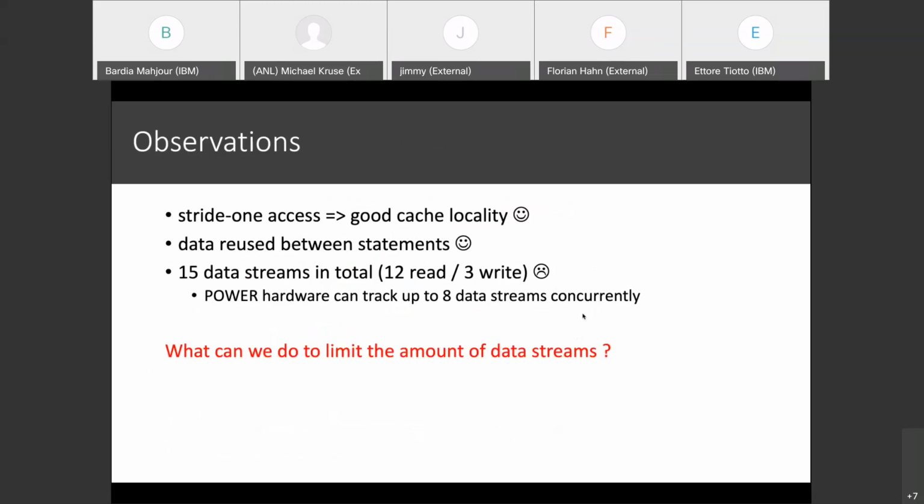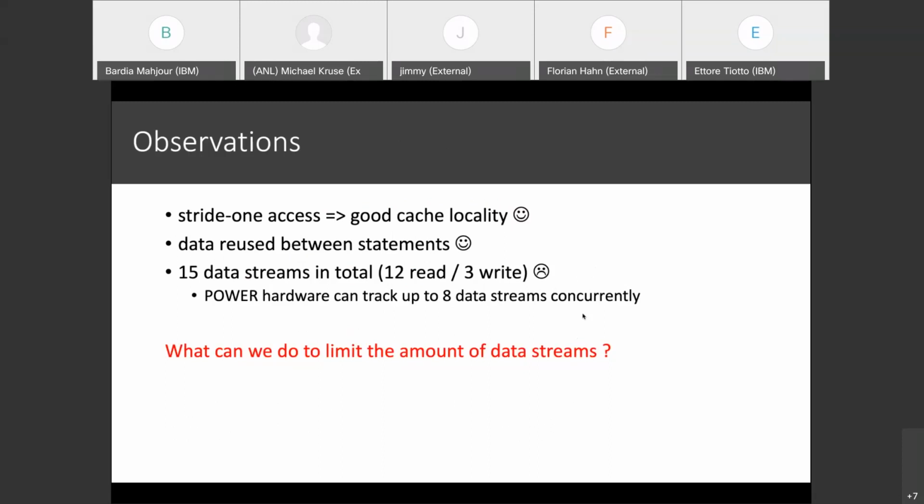The not so good thing is that we have a lot of data streams in total. We have 15 data streams used in this loop, and in certain architectures, Power architecture being one of those, data streams are tracked by the hardware.